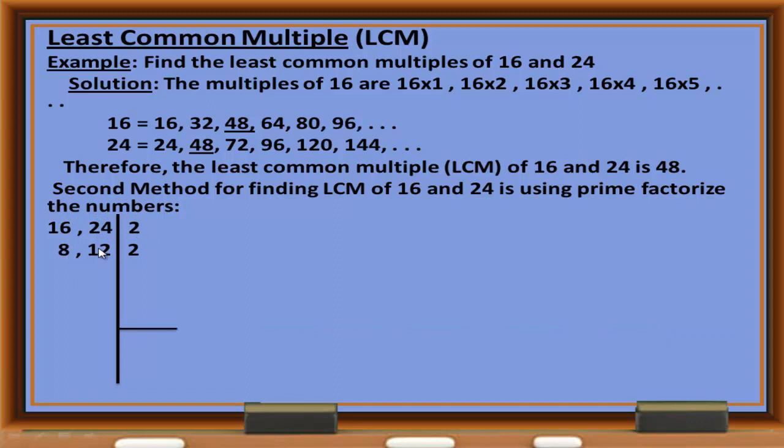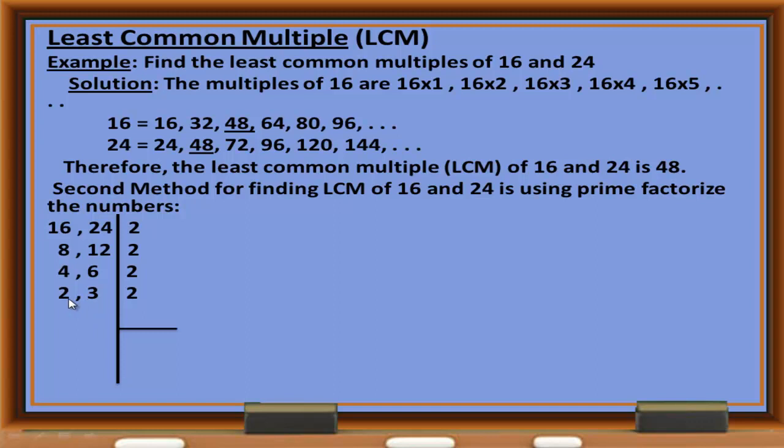Again, 8 and 12 can be divided by the least prime factor 2. 8 divided by 2 is 4. 12 divided by 2 is 6. Again here, let's divide by 2. 4 divided by 2 is 2. 6 divided by 2 is 3.